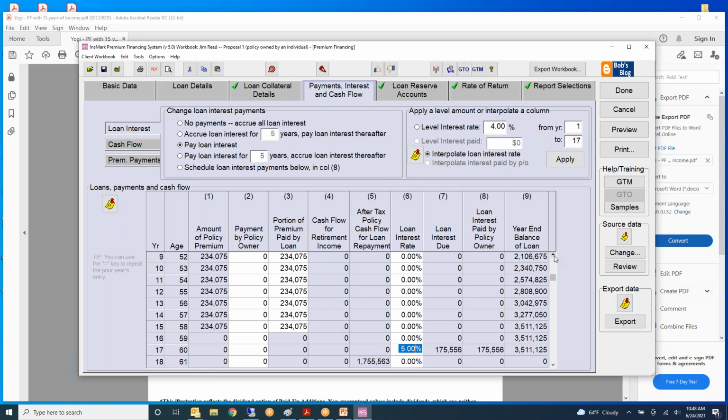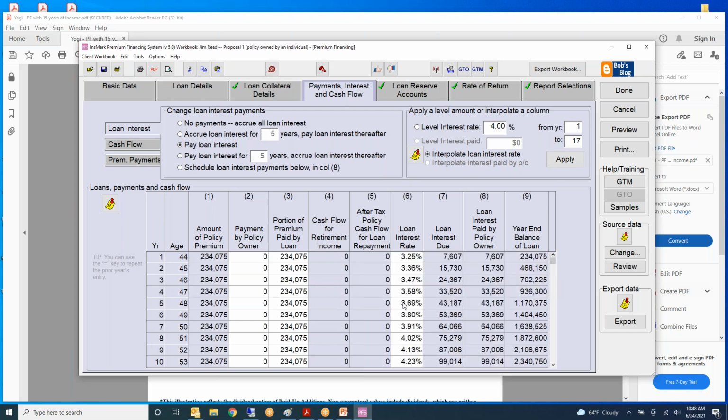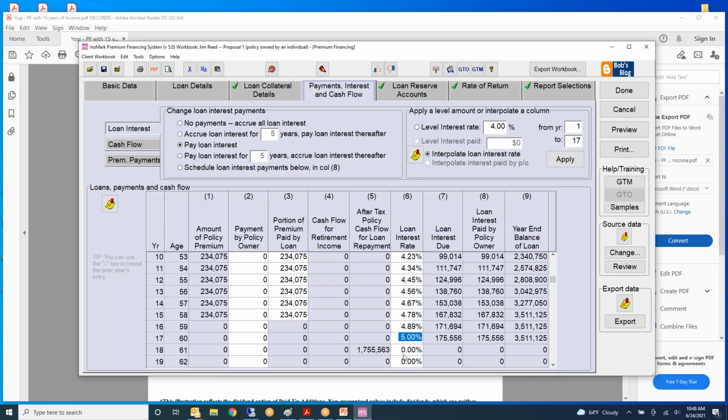You watch these numbers showing up. See here? So now I have these creeping up, an interest that's calculated by the program instead of me hand typing a rising of some basis points.